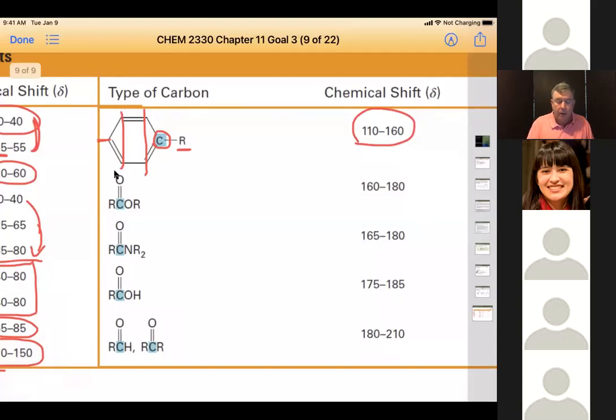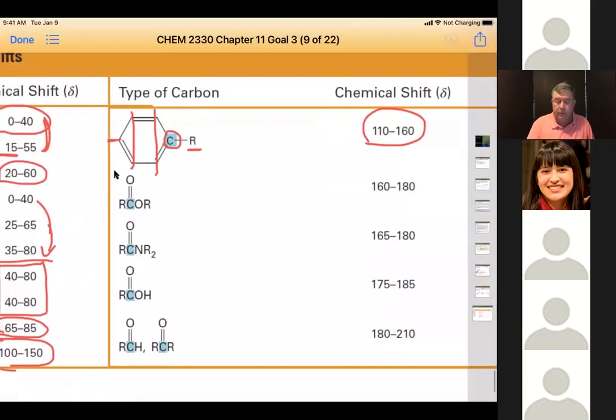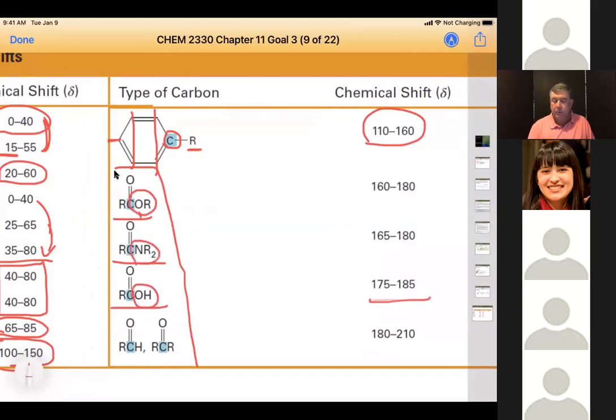Now all the carbonyls are above 150. The ones with electronegative atoms, the ester, the amide, and the acid oxygen here, are between 160 and 185. However, the aldehydes and the ketones can go above 200. Those are the only ones that are that high, the aldehyde carbonyl and the ketone carbonyl.